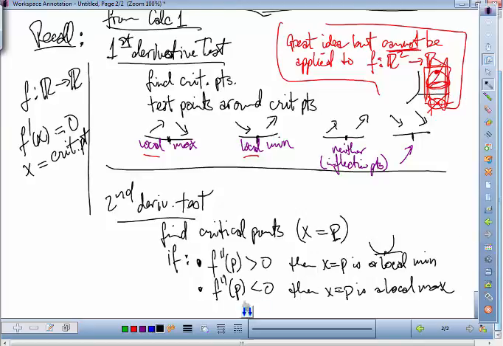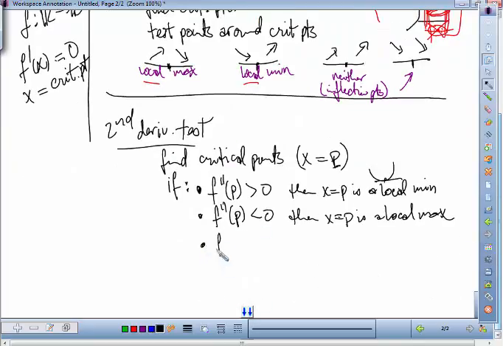Now, a lot of you guys were talking about what happens when it's equal to 0. What happens when the second derivative is equal to 0? It could be an inflection point, but not necessarily. I like to use x to the third and x to the fourth as examples.